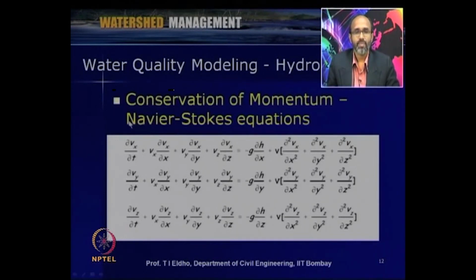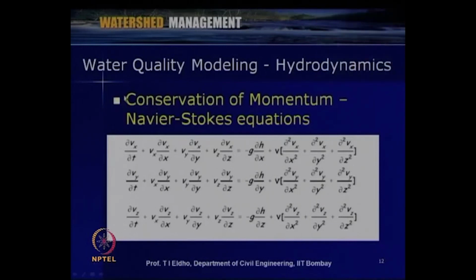So, generally we can solve to understand the hydrodynamics within the domain. We can solve the continuity equation and the momentum equations, these 3 equations for 3D problems, along with the continuity equation. From that we can obtain the velocity variations and the pressure or depth variations within the domain, location or area which we are considering.